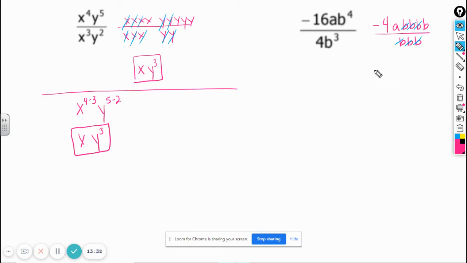Okay, and so I'm left with negative 4ab. Now, since everything canceled under here, you could say over 1, but why would you? It doesn't serve any purpose for you. You only put a 1 under it when you need something to be a fraction, and this is simplified on its own. Okay.